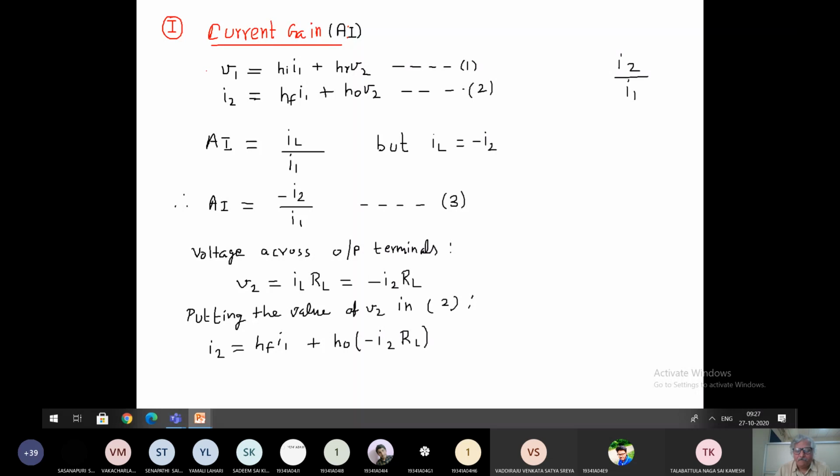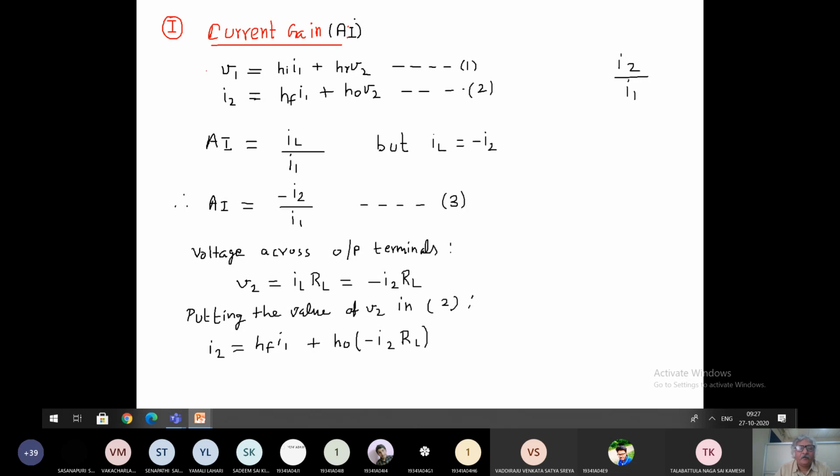This, right? Okay. Now I will open the bracket, so I will get I2 is equal to hf I1 minus ho I2 RL.